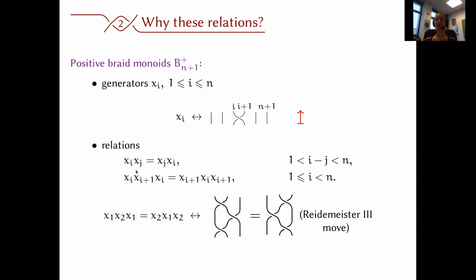It just means that if your indices are far away, then these crossings happen at different parts of your diagram, so the relative height of these crossings can change. And the most important part of the relations is the second type, the braid relations. Here, I've just drawn them.